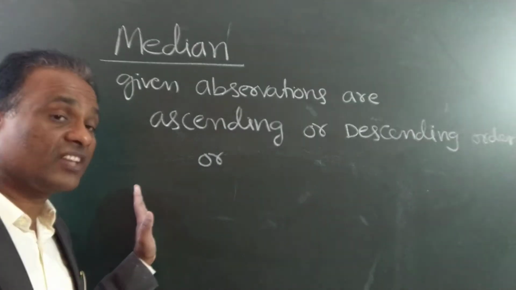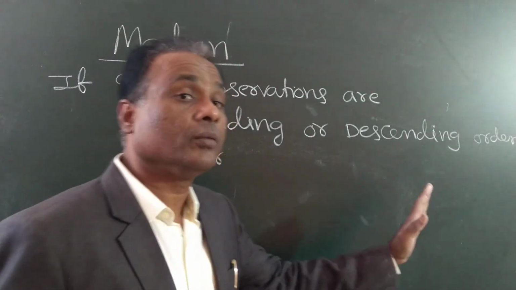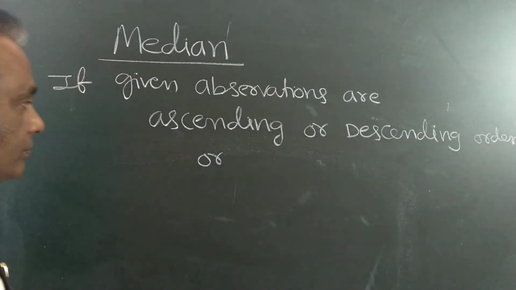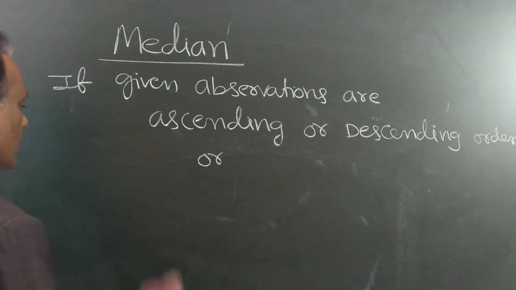Its middle observation or average of 2 middle observations is called median. Right.